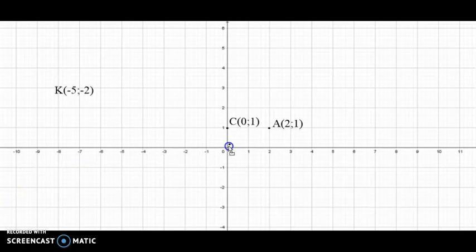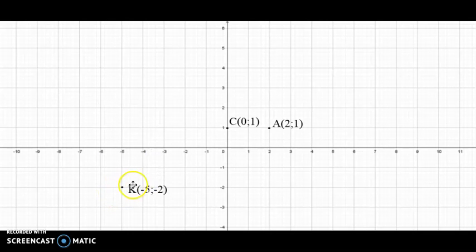So I go on my x-axis to -5 and on my y-axis to -2. No longer am I going up; I need to go down 2 places. I plot my point and I label my point.